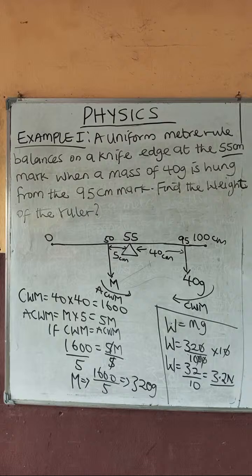In some cases, they will give you G as 9.8, but the approximate value of G is 10 meters per second square. All right, so let's solve another question.